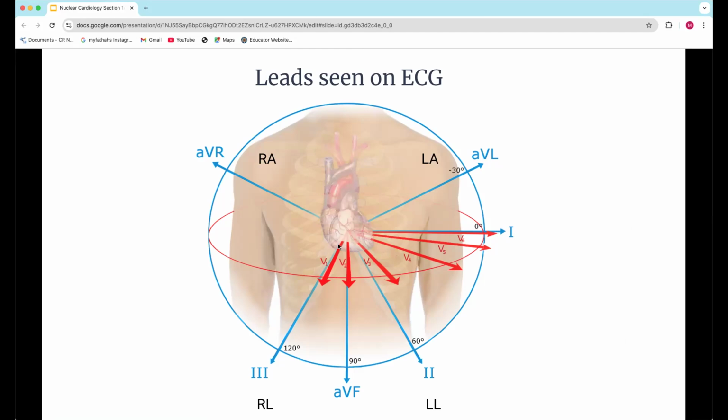But essentially what they're looking at is if you took a plane and you drew it through the heart like an axial plane, right? So a slice that's axial that goes right through the heart, that's the plane that they're looking for. So V1, again, remember V1 and V2 were kind of out on the sternum, so that's kind of out towards the front. V3, V4, V5, V6 working their way all the way around, right?